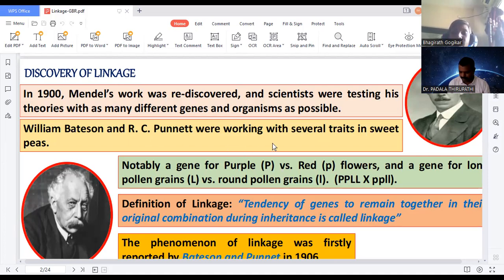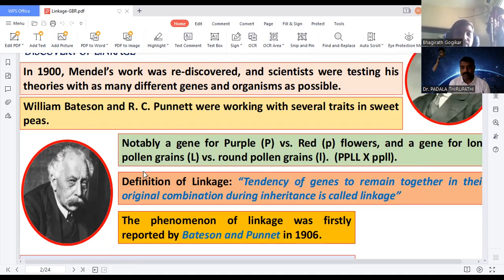Punnett were working with several traits in the sweet pea plant. Mendel conducted experiments on the garden pea plant, but William Bateson and R.C. Punnett worked with several traits in sweet pea, whose scientific name is Lathyrus odoratus. They proposed another concept, that is the linkage concept.